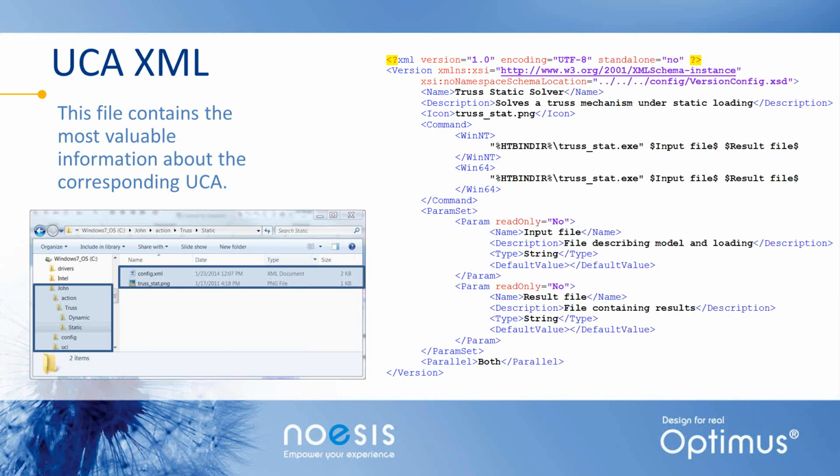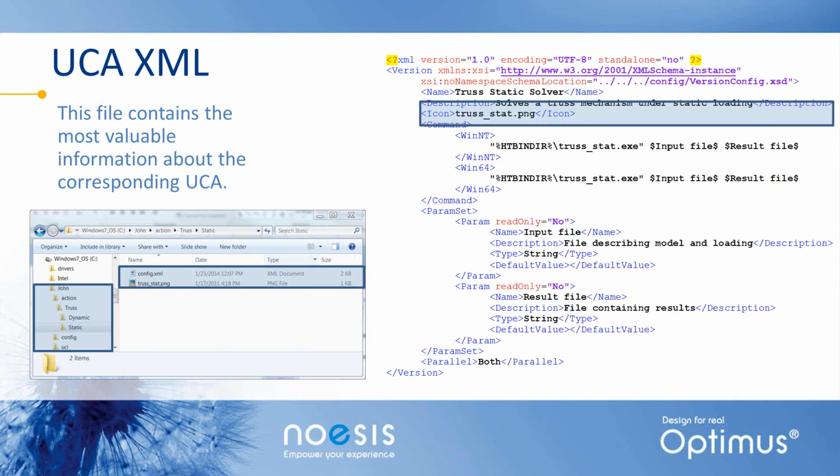But I want to show you that in this file you have all you need to define your connection between Optimus and the external program that you want to call. So first of all, you can define the name and the description. The name will be visible in the graphical user interface as soon as you add the node.